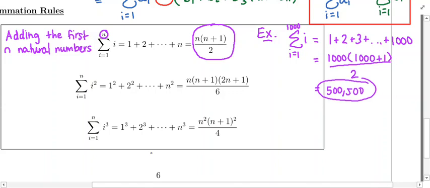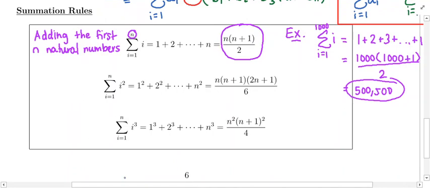The other 2 statements are very, very similar. In the second statement, you are adding the squares of the first n natural numbers. So you're doing 1 squared plus 2 squared plus 3 squared plus all the way up to n squared. I'll write a description right here.